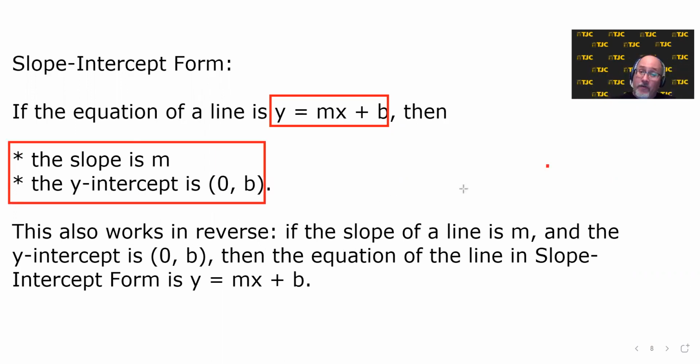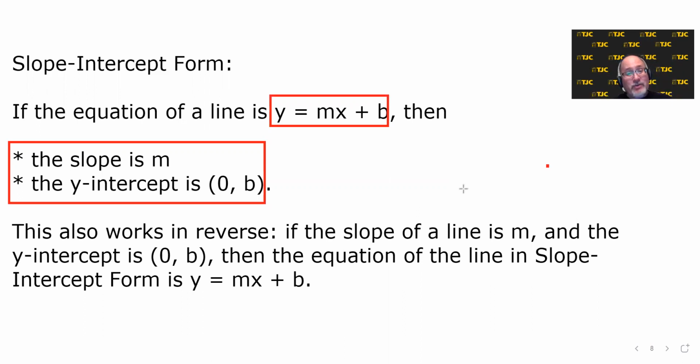But this also works in reverse, meaning that if the slope of the line is m and the y-intercept is 0, b, then the equation of the line in slope-intercept form is y equals mx plus b. In logic, this is what we call a biconditional. This is actually something we discuss in my contemporary math classes, but it's an if-then that goes both directions. If the equation is this, then this is the slope and intercept and vice versa.